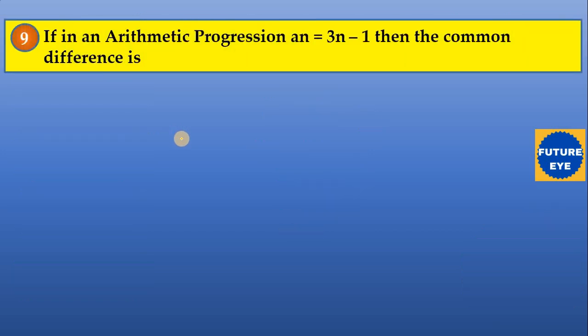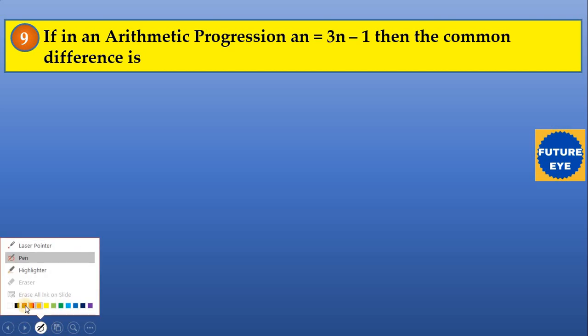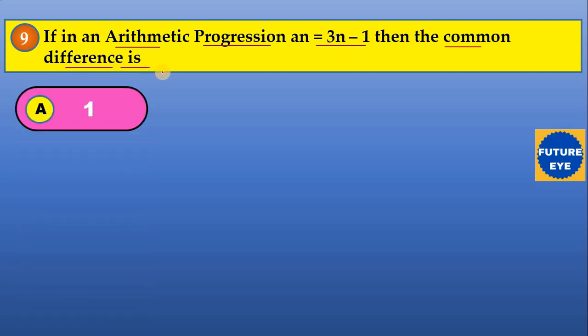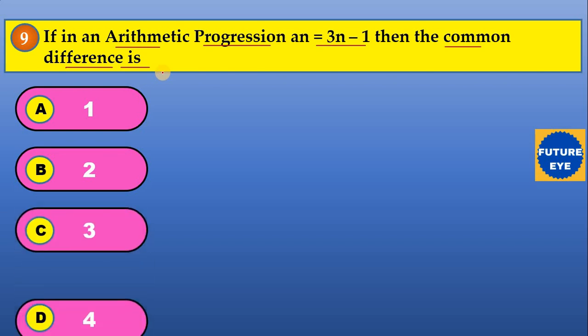Move on to another question, children. If in an arithmetic progression, an is equals to 3n minus 1, then the common difference is, options are 1, 2, 3, 4.